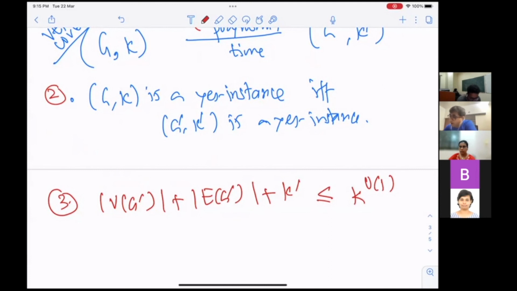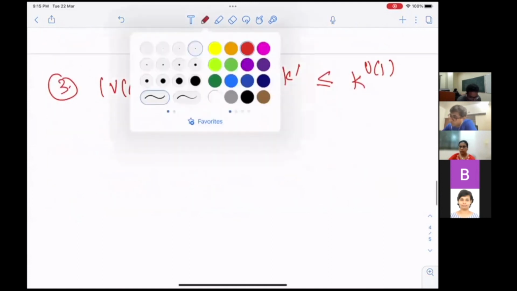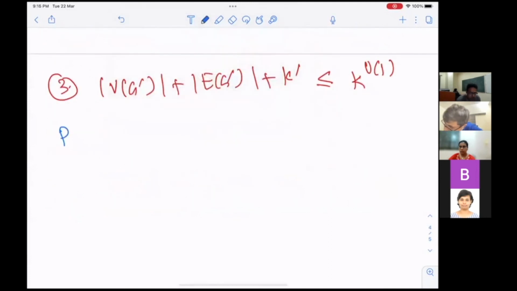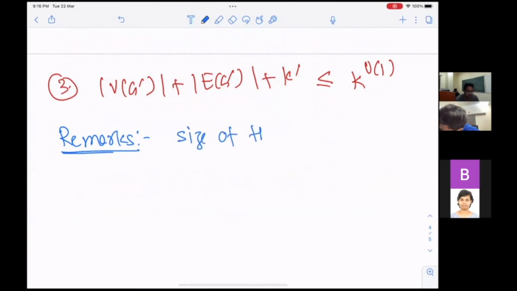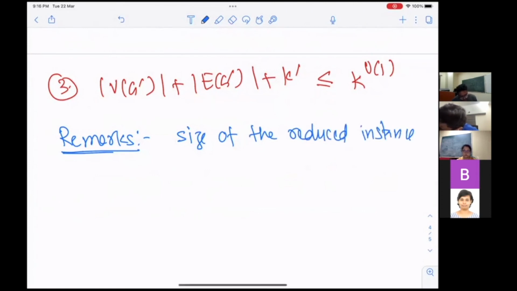Okay, some remarks to make. Whenever I mean the size of the reduced instance, I will mean everything: the number of vertices of G prime plus the number of edges of G prime plus K prime.